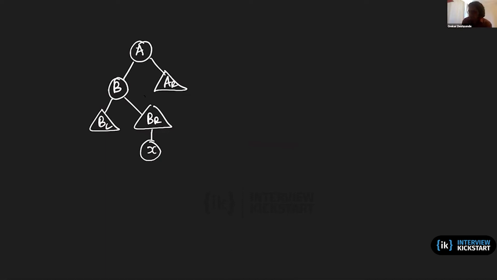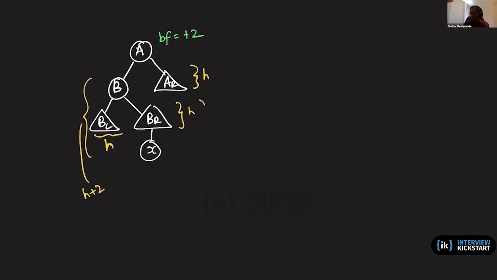And as we saw, the balance factor is plus 2. That's why there was a violation here. If this is H, this whole thing is H plus 2. And these two heights must be H, as we just argued. Because adding X is what changed the height to H plus 1, put pressure on B by making the balance factor minus 1, which led to repercussions on the parent A.